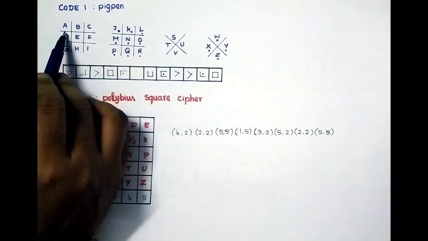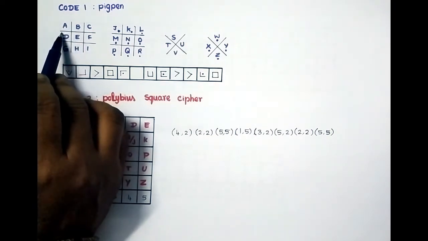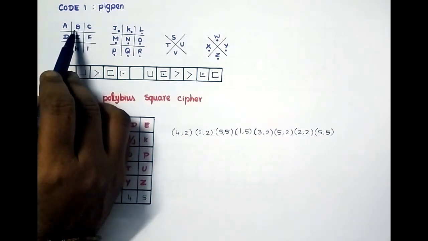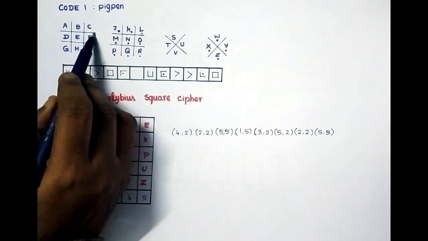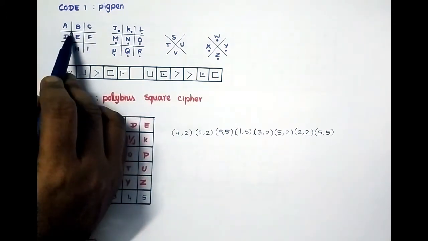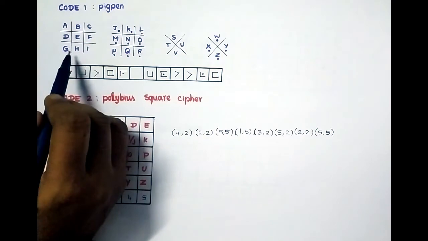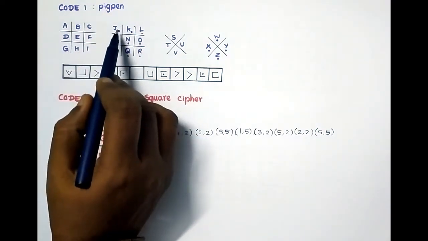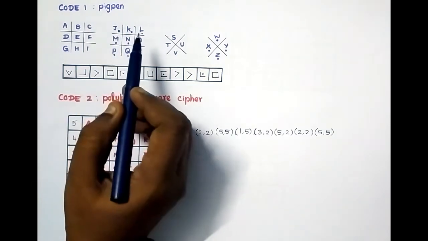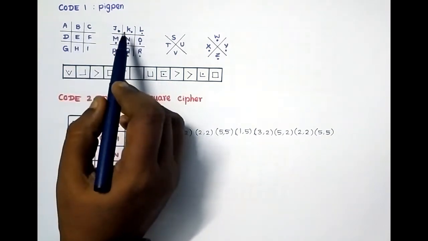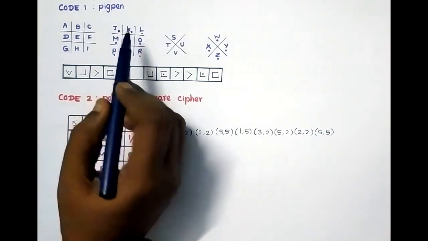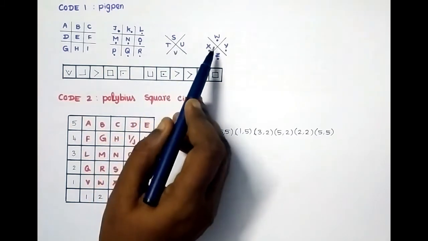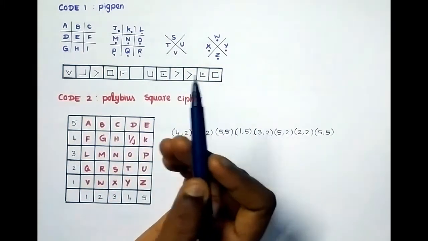See that, this shape is A, and this is B. This shape is C, and like that D, E, F, G, H, I, and then this shape with a dot is J. The box shape with a dot is K, and then the triangular shapes with a dot and without a dot.